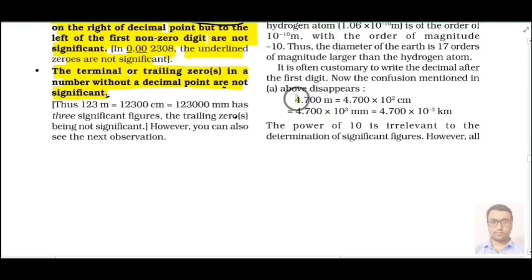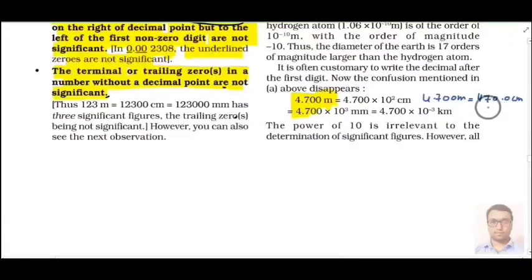So for scientific notation we will try to understand this concept with the help of this particular example. For example, if you have 4.700 meter, the length of something is this much. Then if you want to convert it into centimeter, then you will write 4.700 meter equal to 470.0 centimeter.